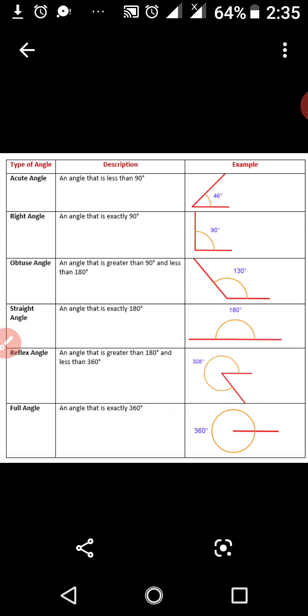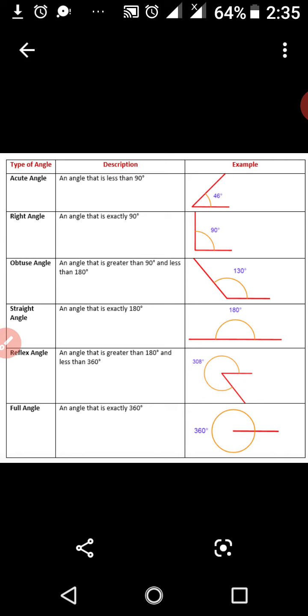These all are examples of obtuse angle. Next one is a straight angle, an angle that is exactly equal to 180. Already we know straight line. So the angle also has two arms opposite to each other, means straight to each other, then it is said to be a straight angle which is equal to 180.